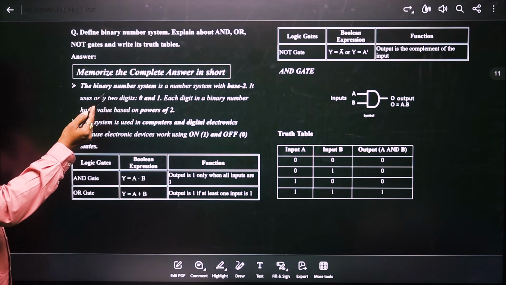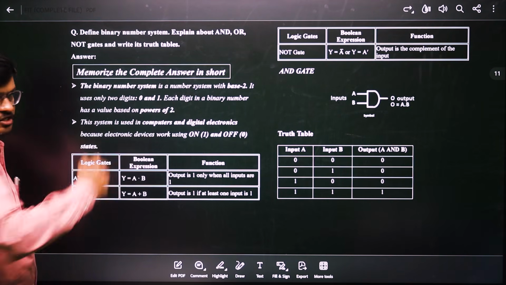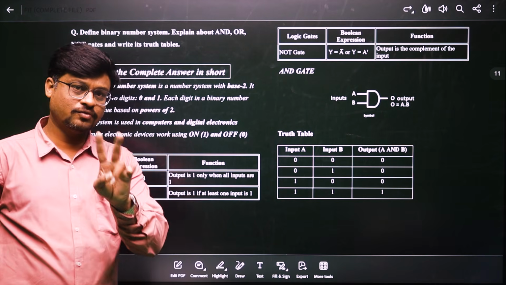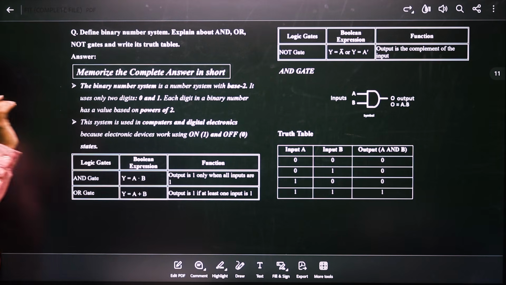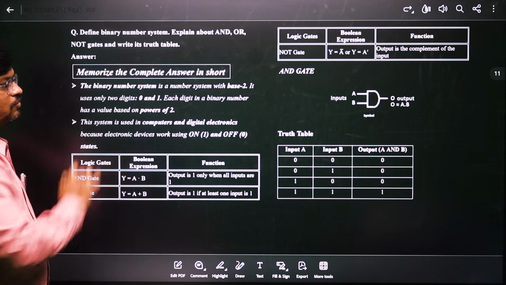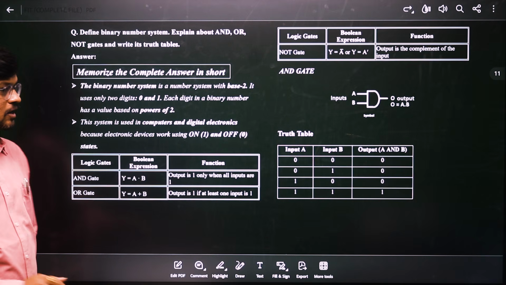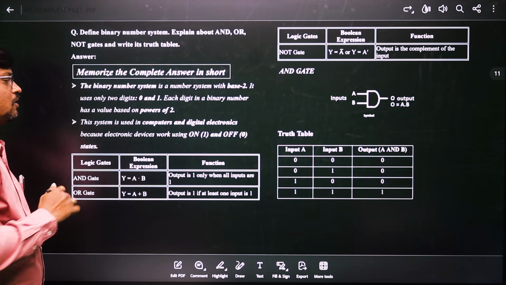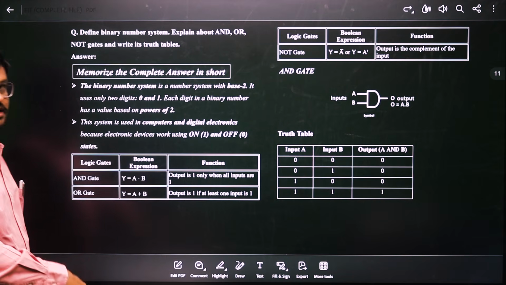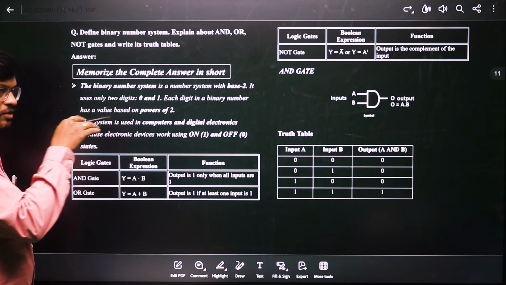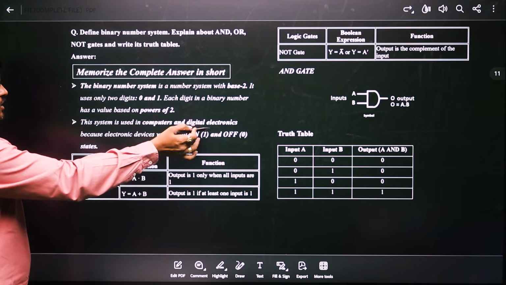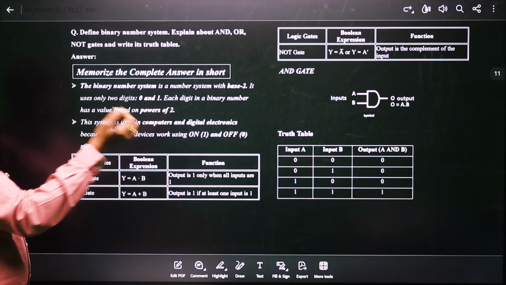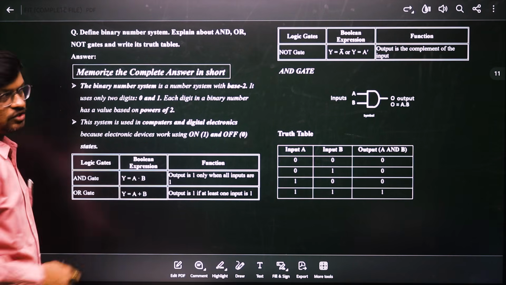Look at these lines. The binary number system is a number system with a base of 2. It consists of only 2 digits, 0 and 1. Each digit in a binary number has a value based on a power of 2. This binary number system is exclusively used in computers and digital electronics, because digital electronic devices understand only 2 things: 1 or 0.